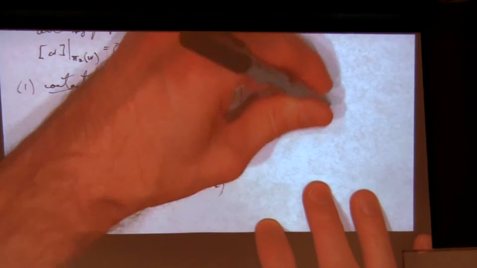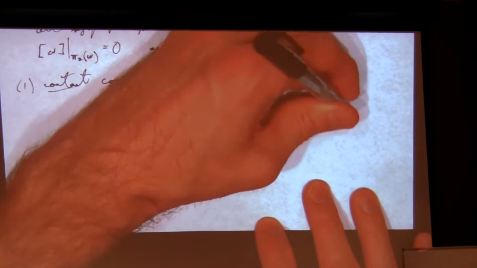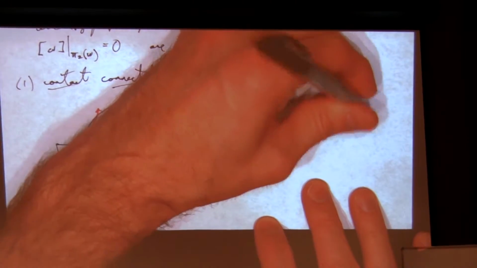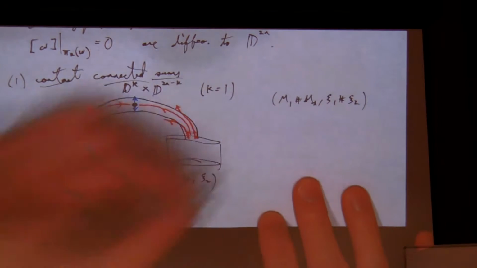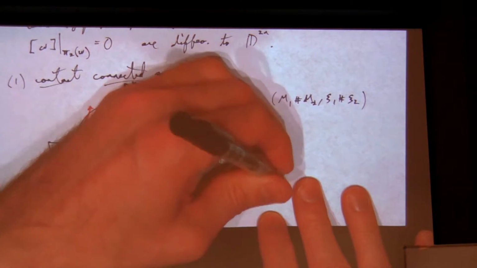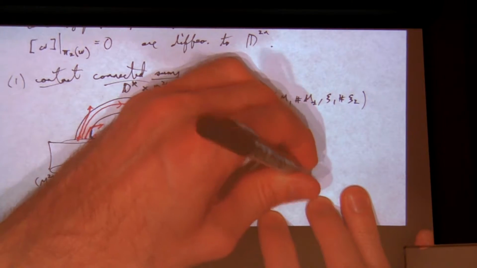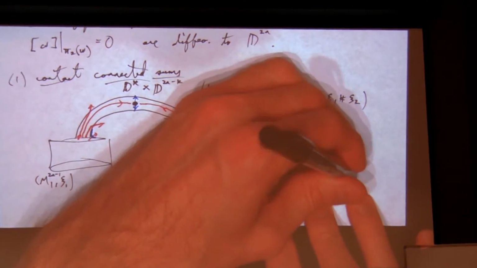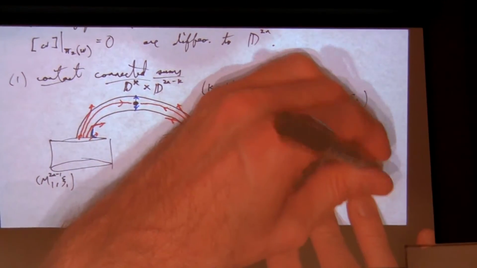So what you get from this, in the case of a one handle, is there is both a contact structure on the connected sum, and additionally a symplectic cobordism from the disjoint union of the original two things to the connected sum.